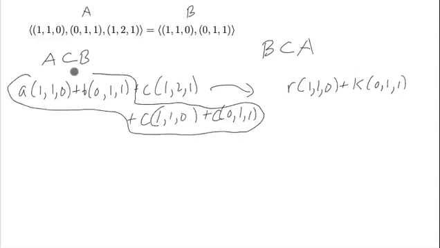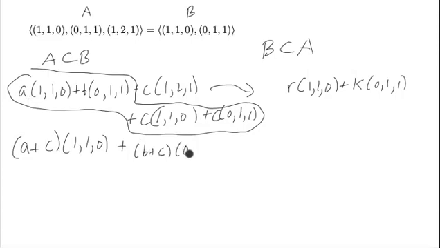Then notice that we can factor out the same vector across the scalar addition. So we have A plus C multiplied to (1, 1, 0), and then plus, we can do the same thing with the other vector, B plus C times (0, 1, 1).